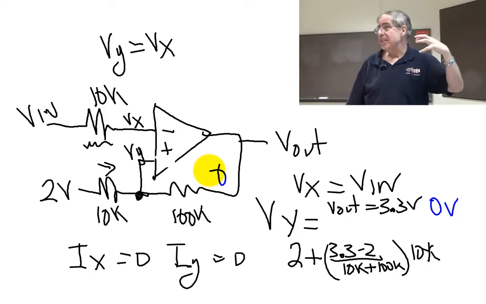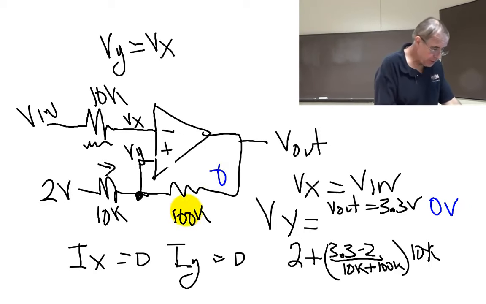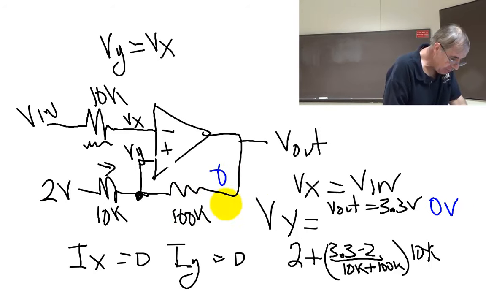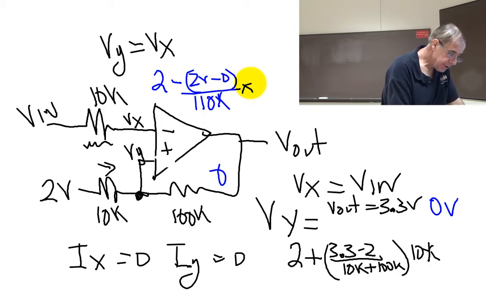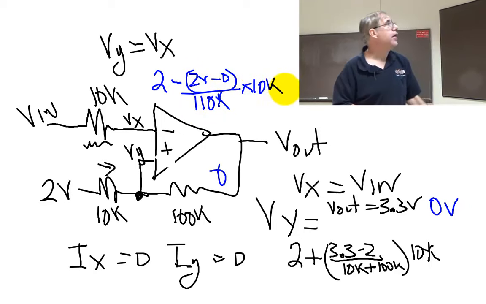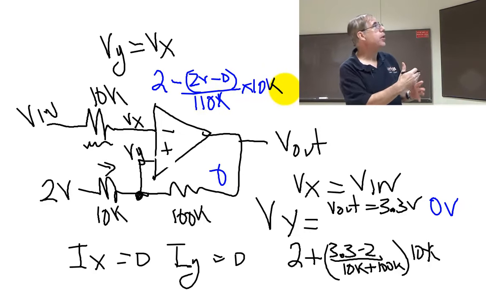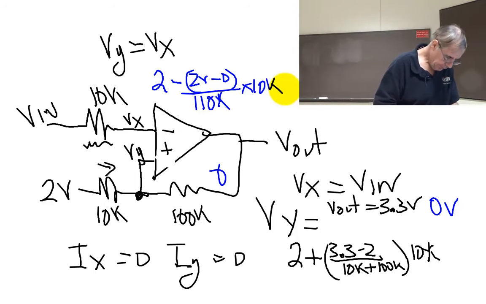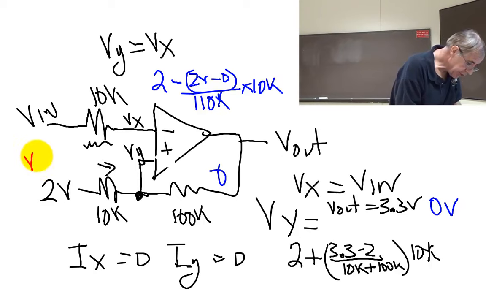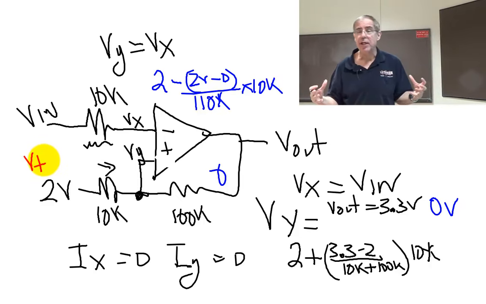It's going to be less than 2 volts, right? So if this is 0, then this voltage here is going to be 2 volts minus the amount of current, which is 2 volts minus 0 volts over 110K, times 10K. So again, the amount of the difference from the 2 volts, which was my threshold. This is my threshold voltage, 2 volts. I have 2 thresholds.